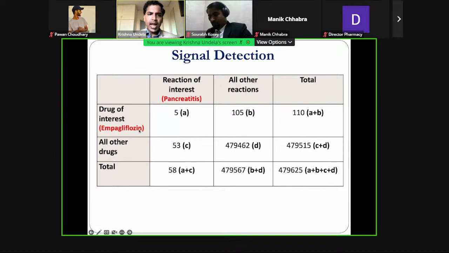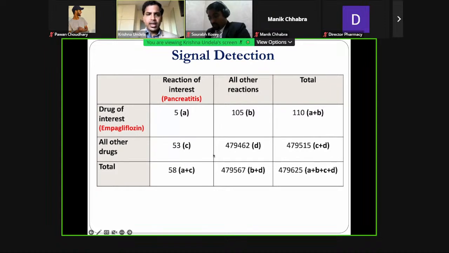Apart from empagliflozin, there may be so many other medications in the database, and we will work out the total number of reactions for all other medications except empagliflozin. And out of those, how many are on pancreatitis and how many are on all other reactions.